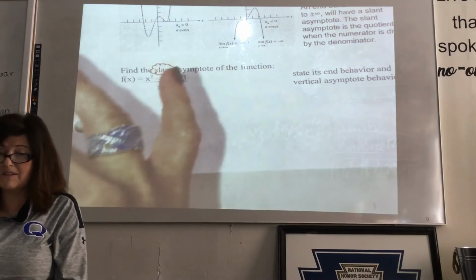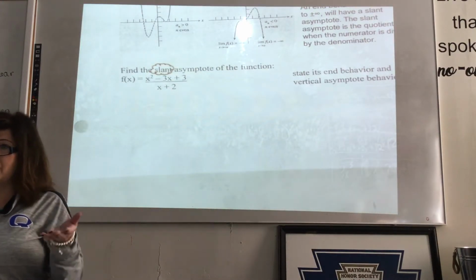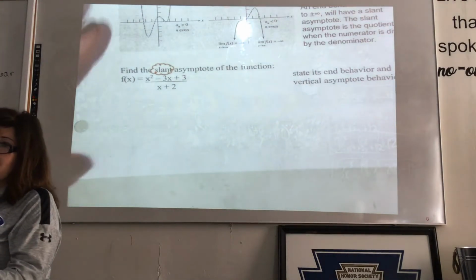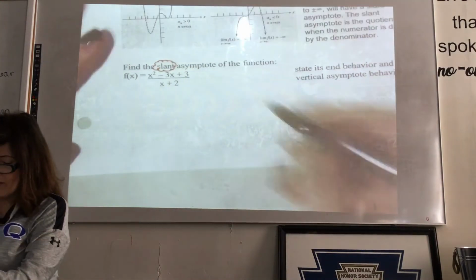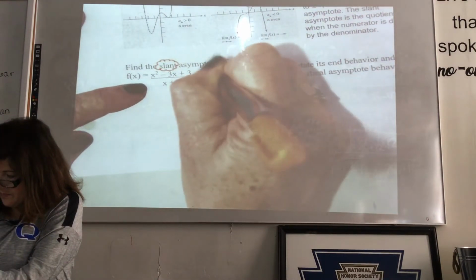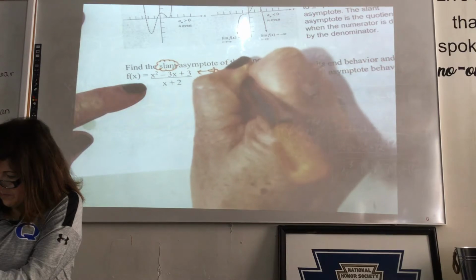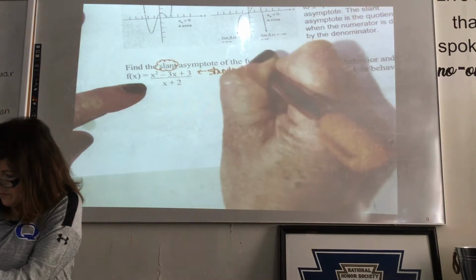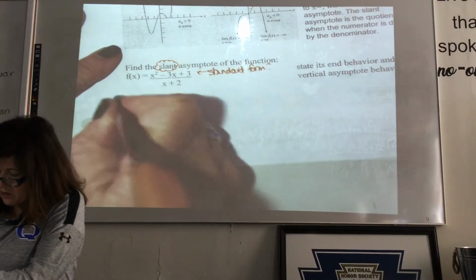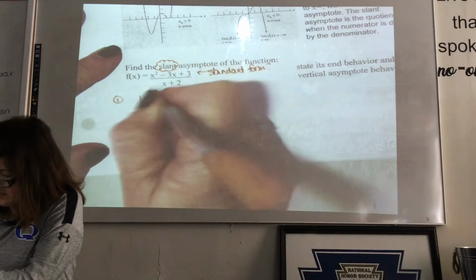We're not rewriting it in function notation like we did with the transformations, but we're just going to do those first 3. So the first step: is that in standard form? I would say yes. So then I'm going to go straight into synthetic division.